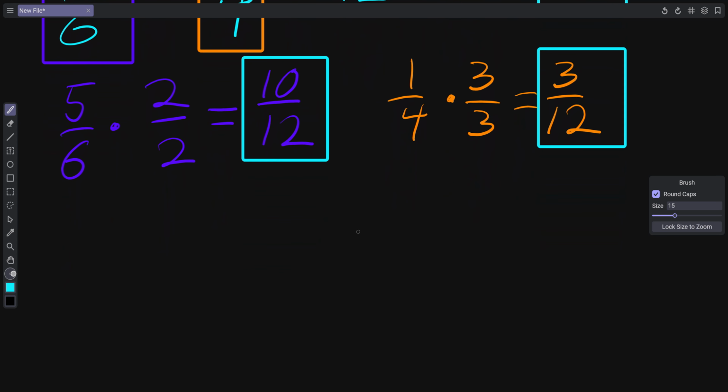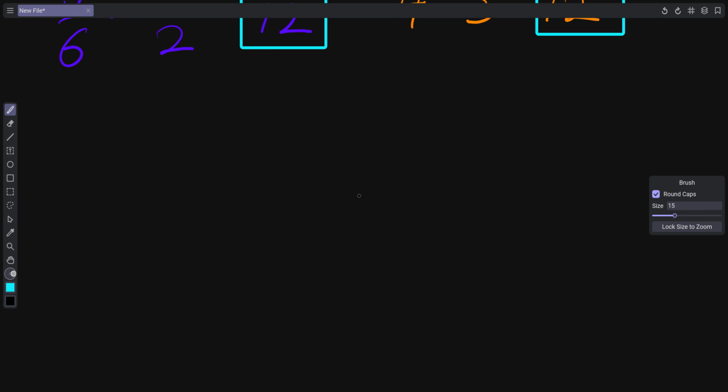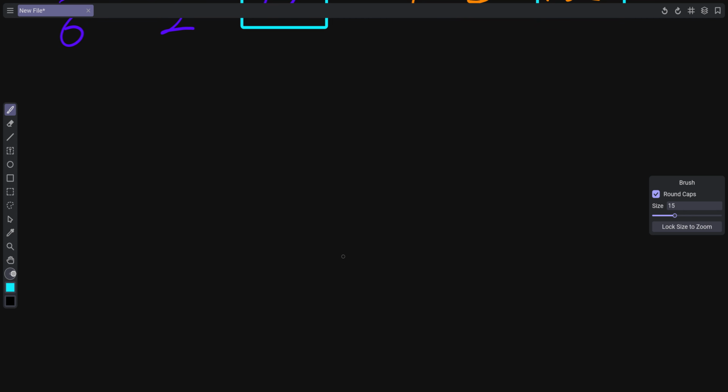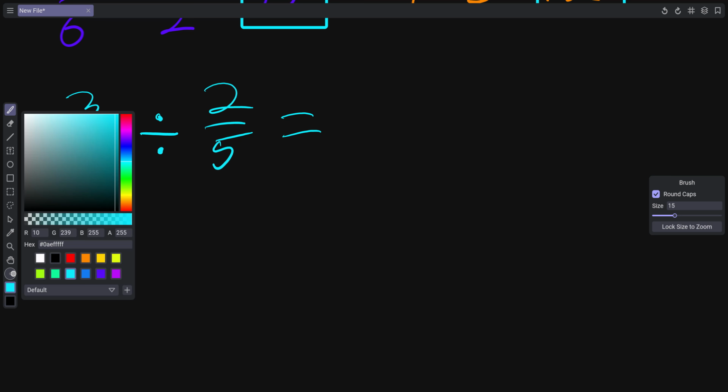I'm going to show you one more example, and this proves why you should learn how to multiply fractions before learning the other operations. Let's say we had 3 over 4, and we wanted to divide this by 2 over 5. The process for dividing fractions is mainly twofold. The first thing we would do is flip the second fraction.